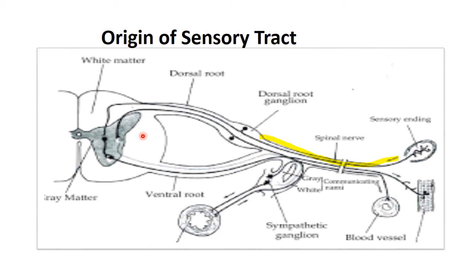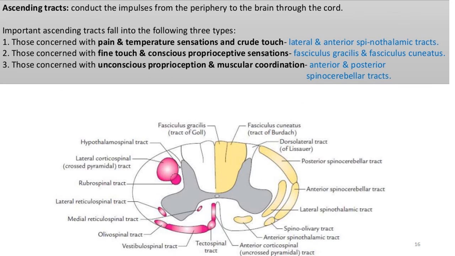Secondly, what may happen after entering the spinal cord is they connect to the interneuron and anterior motor neurons, they get stimulated and the effect is on the effector organ. Now this forms a reflex arc and this is the basis of reflexes.